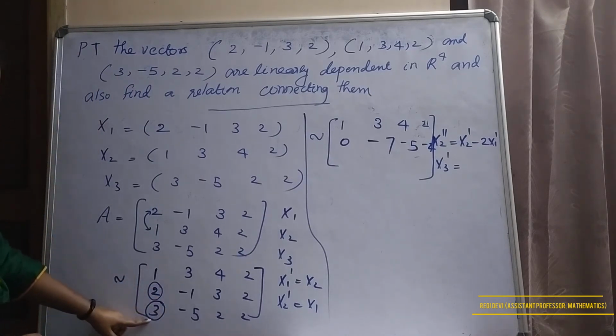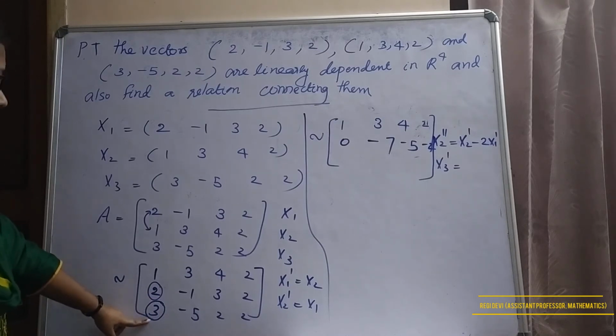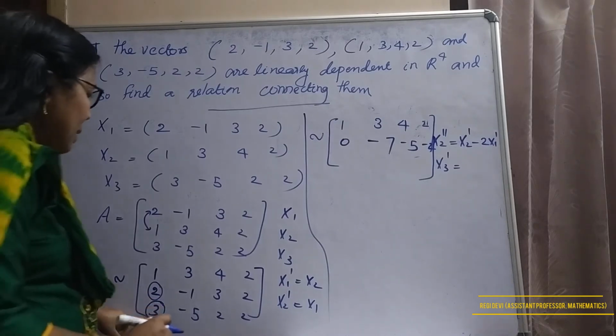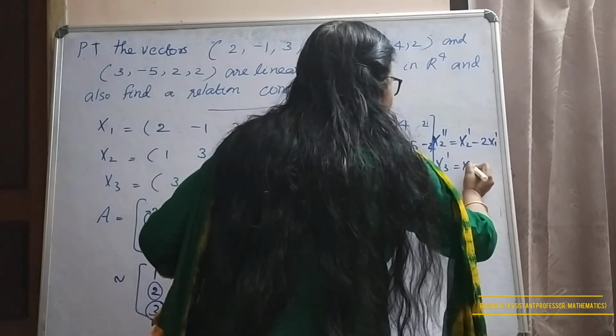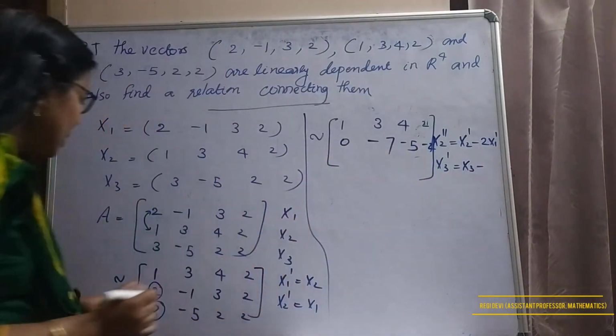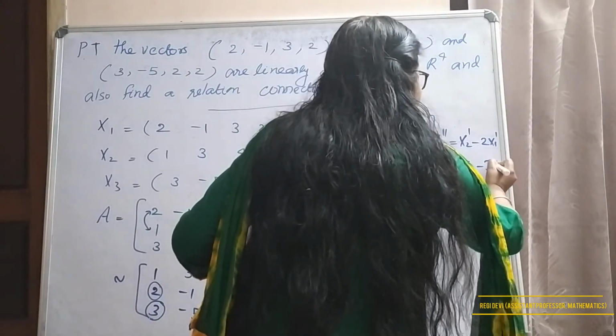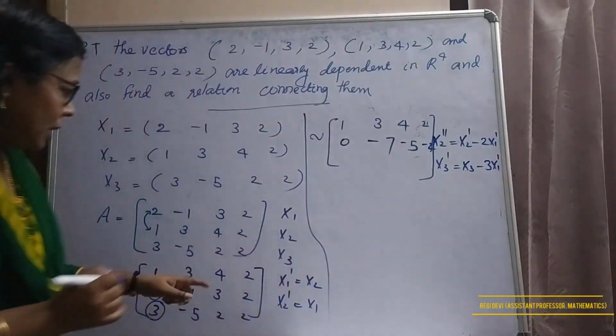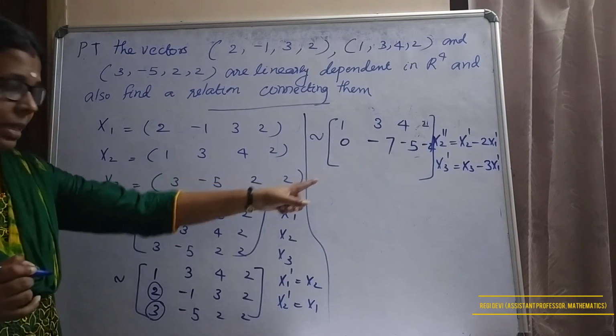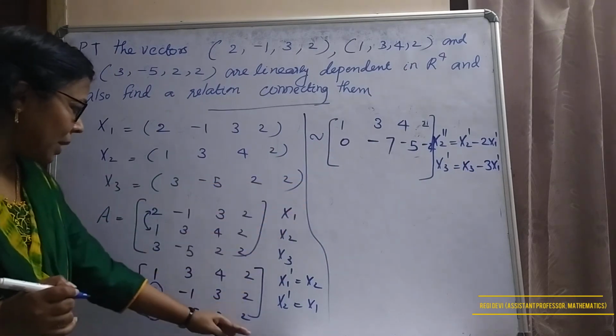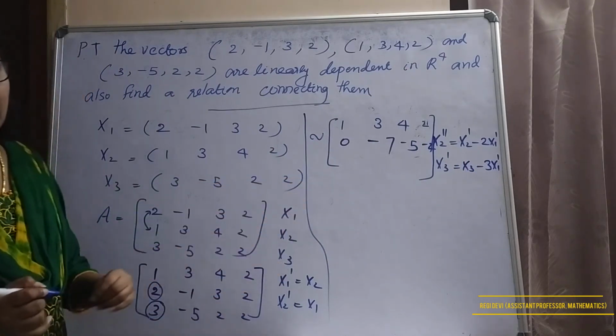Our operation is x3 dash equal to x3 minus 3 times x1 dash.